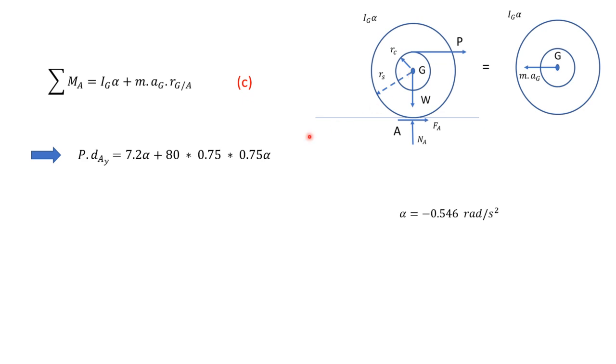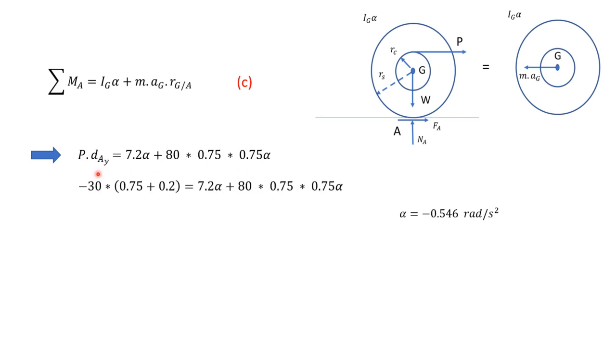Anyway, on the other side, this will be equal to the IG multiplied by the alpha plus the mass multiplied by 0.75 multiplied by the acceleration AG. The 0.75 is that distance. The 80 is the mass, and that's the acceleration G. So we're going to come to this value.